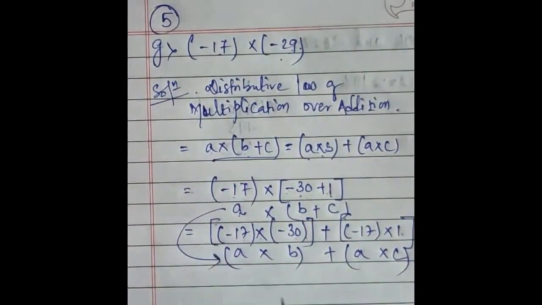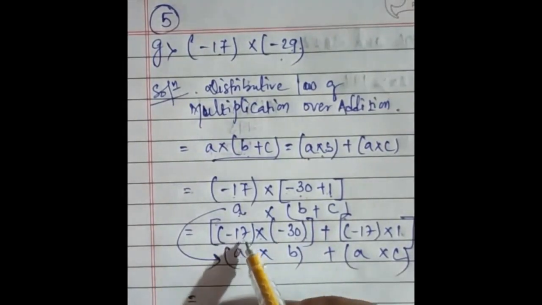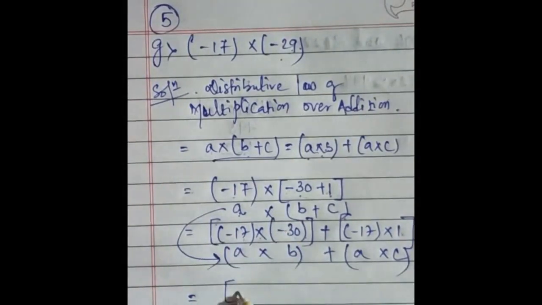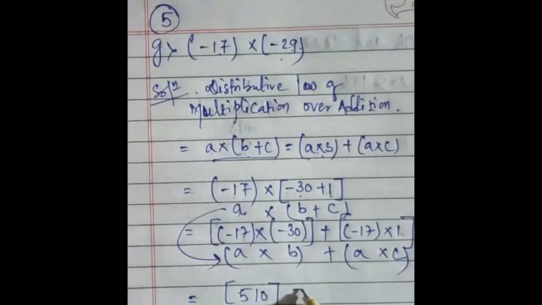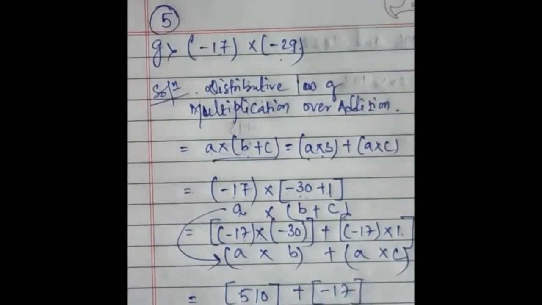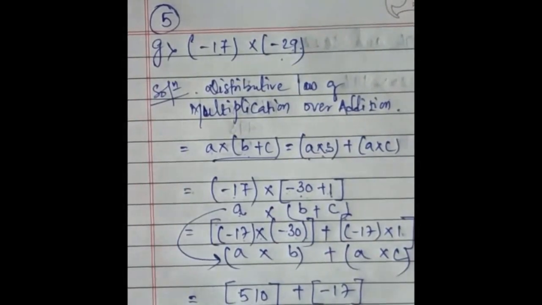Okay, so now let us solve. What will be 17 into 30? Minus is there, so it will be plus 510, right? Plus 510 plus inside the bracket, let me solve this, minus 17. This will be the form. So 510 minus 17 is equal to 493.